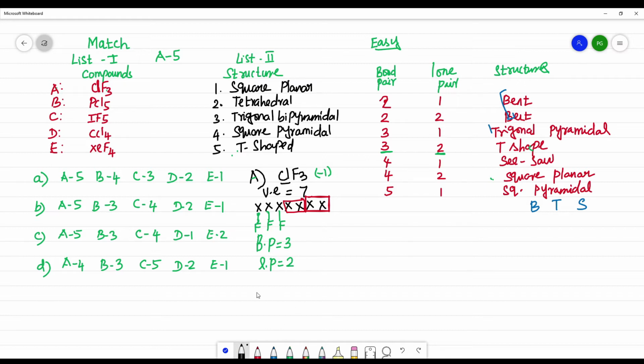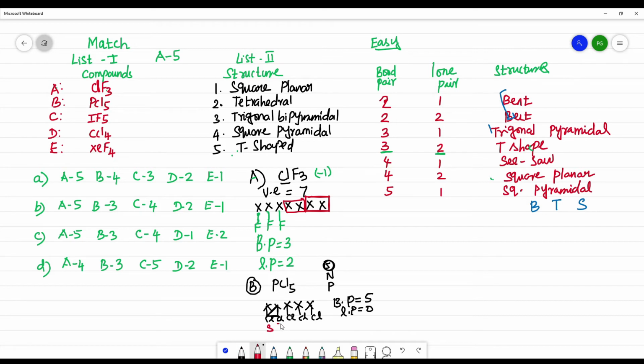Now let us move on to B. PCl5. Phosphorus comes under the nitrogen group. So what is the valence electron here? It is 5, that means 1, 2, 3, 4, 5 valence electrons. Everything is satisfied by Cl. So how many bond pair here? The bond pair is 5 and no lone pair. Lone pair is 0. What is the hybridization here?